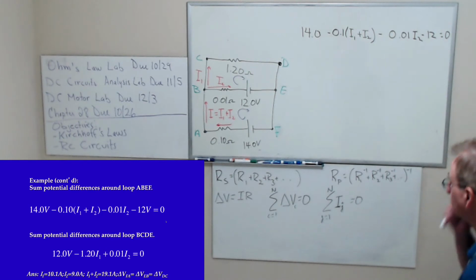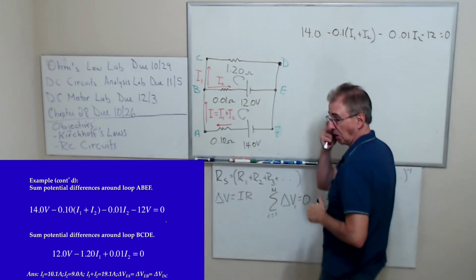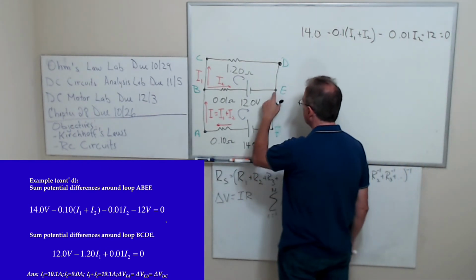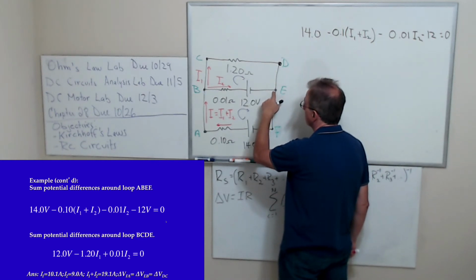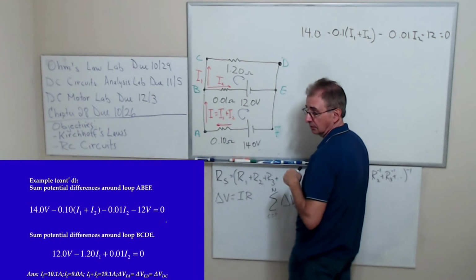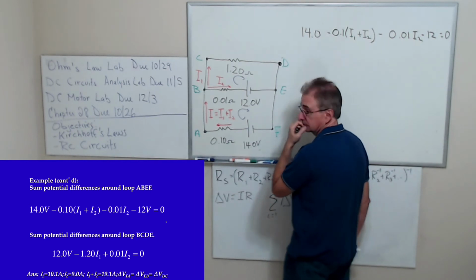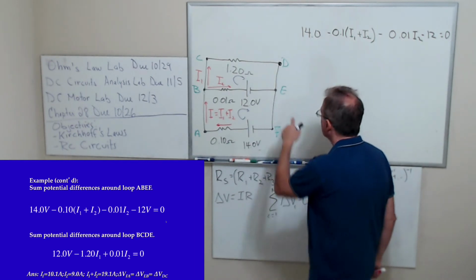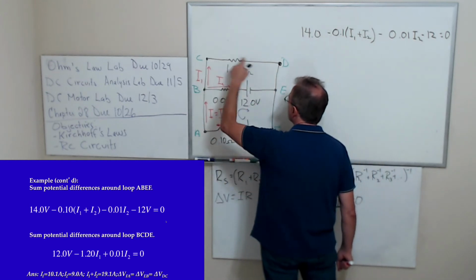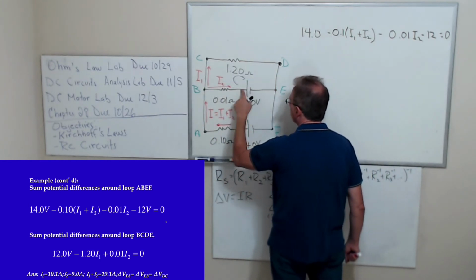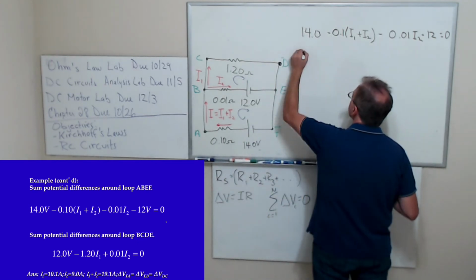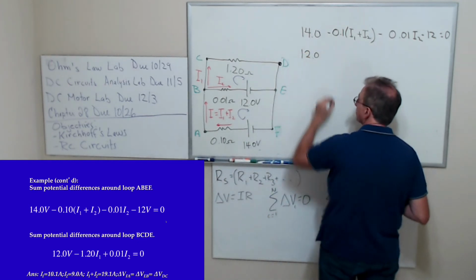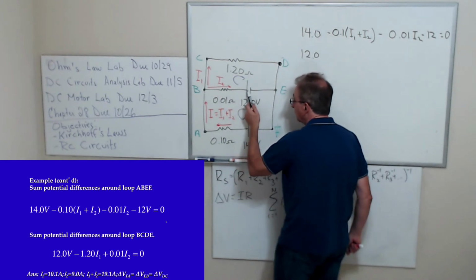My second loop, I'll start here and I'll go clockwise. So I go from here to here. I go from a lower to a higher voltage, that's 12 volts. But here's the problem.